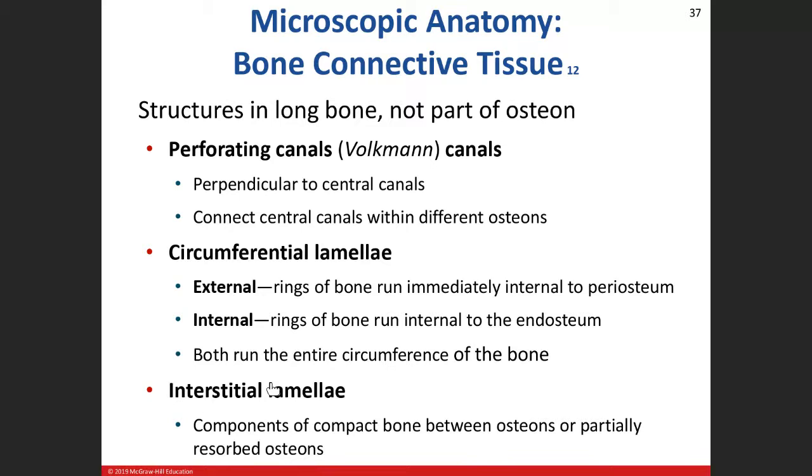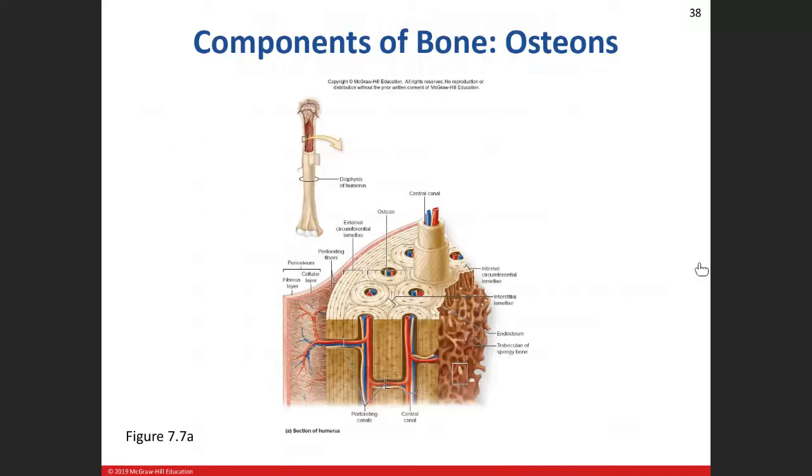So this type of lamellae we'll find in between the osteons, or in the middle of an osteon being partially resorbed. So that's what we see in this picture. You can see there's parts of lamellae in between these three osteons, and that's that partially resorbed lamellae here and here.